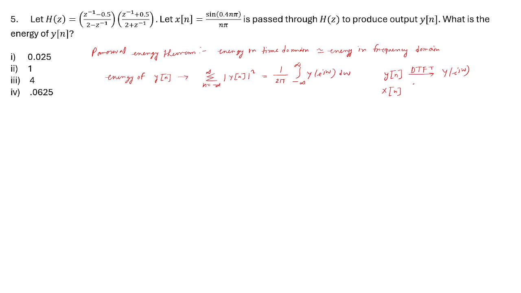You perform DTFT over x[n], same, we have X(e^{jω}), and you have H(z). You evaluate this function at e^{jω}, you obtain H(e^{jω}). So when you pass your x[n] through this LTI system with transfer function H(z) to obtain y[n], you by default have this.